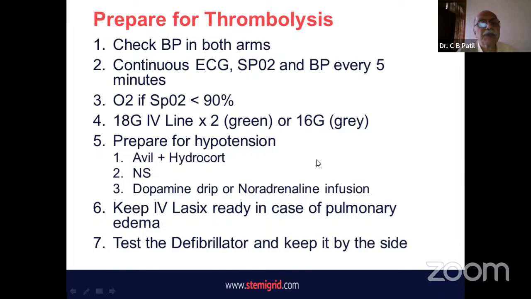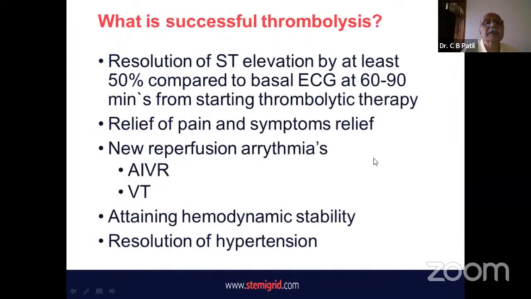And prepare for hypotension, like keep dopamine and noradrenaline ready, and of course for anaphylaxis, keep hydrocortisone and a normal saline drip, all these things. Keep IV Lasix ready in case there's pulmonary edema. And of course, a defibrillator should be by the side, either in the hospital where you are administering or in the ambulance if you are administering a bolus.